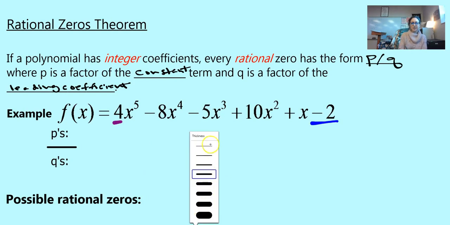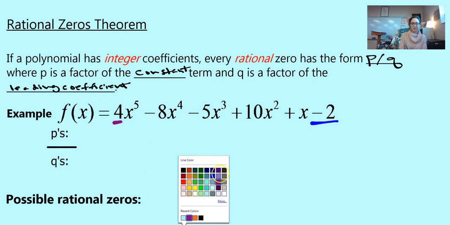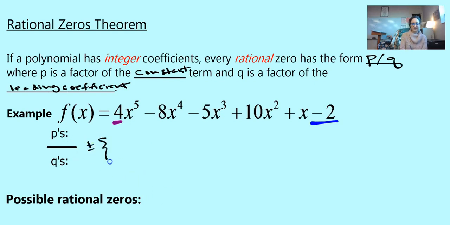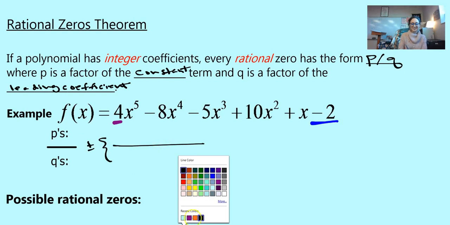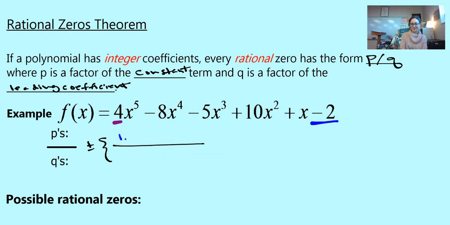Okay, so let's list the factors of 2. And first of all, this is going to be plus or minus, right? So my factors of 2, values that divide evenly into 2, are just plus or minus 1 and 2, right?